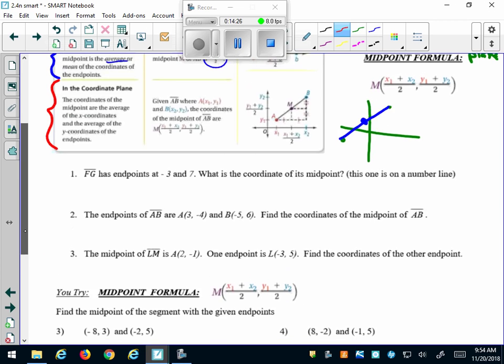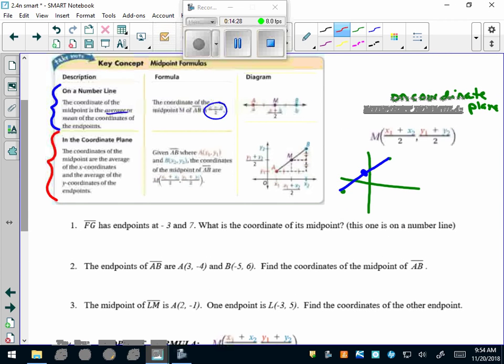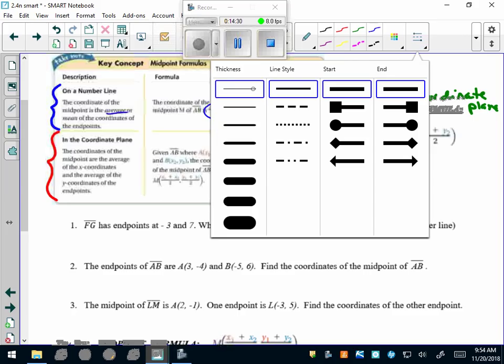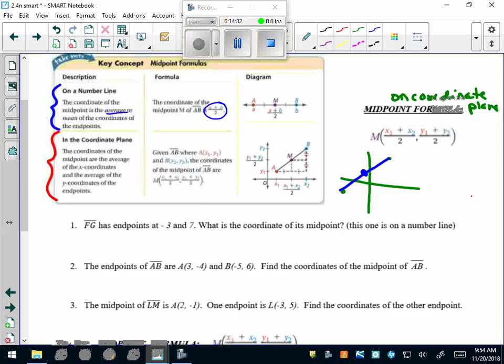So this formula gives you x of the midpoint, y of the midpoint. I'm going to kind of call it xm, ym, right? So to get the midpoint x coordinate and the midpoint y coordinate, you're doing the average of the x's, comma, the average of the y's.